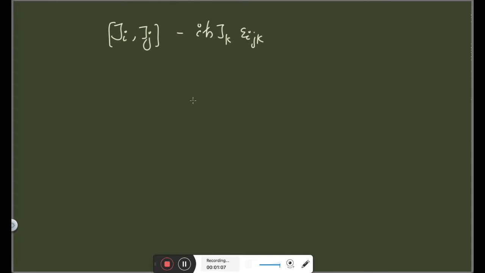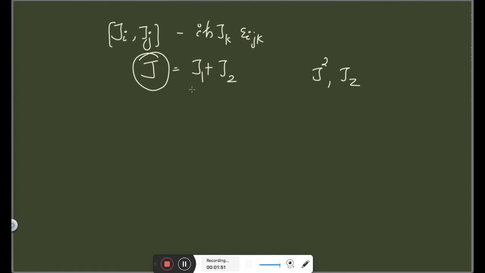And as a result, you can see that the total J, which is equal to J1 added with J2, is the generator of the rotation specified in the combined space, and the eigenvalue spectrum of J square and Jz follows the matrix elements which hold with J plus and J minus. Okay, that we have already learned, how Jx, Jy, Jz form the matrix elements in its own space of J, m.